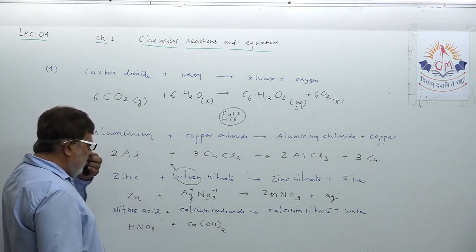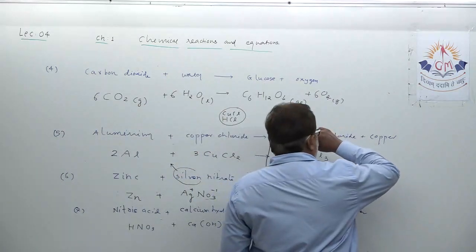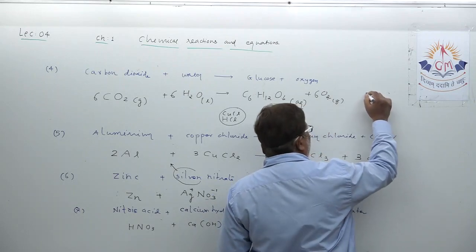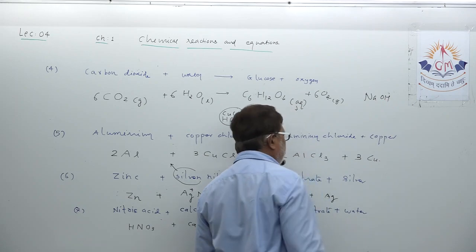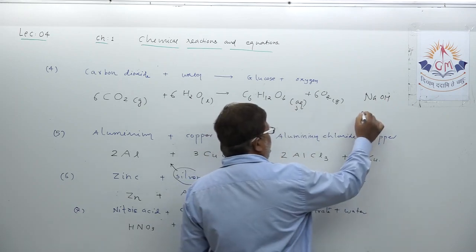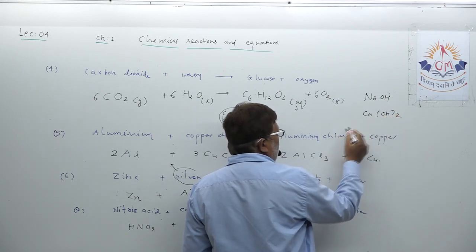Here also, dear student, you are seeing the magic. If you want to write the formula of sodium hydroxide, you write NaOH, not NaOH2. But while writing the formula of calcium hydroxide, you write Ca(OH)2.